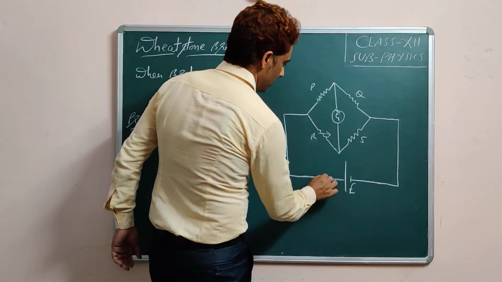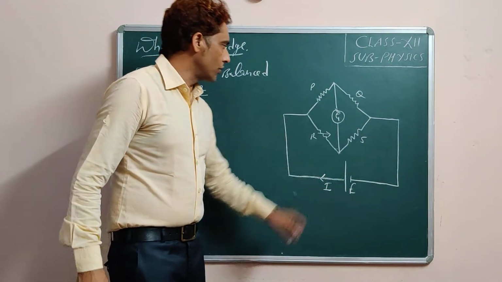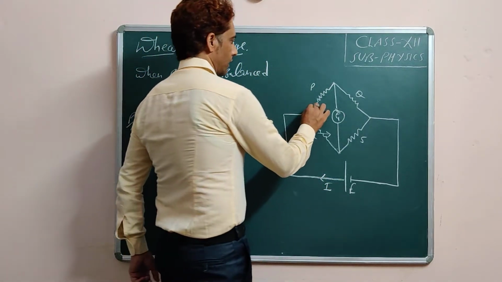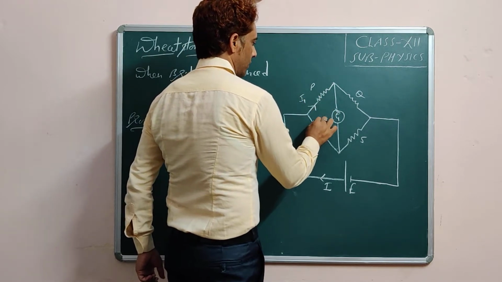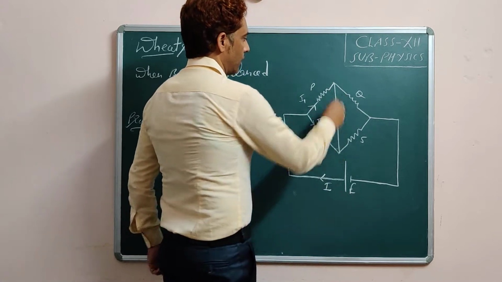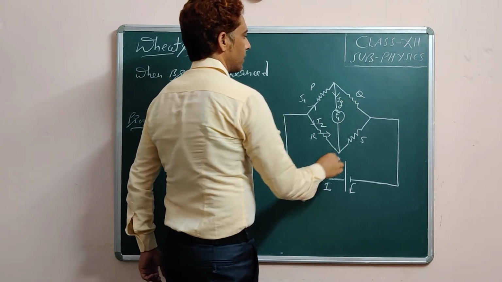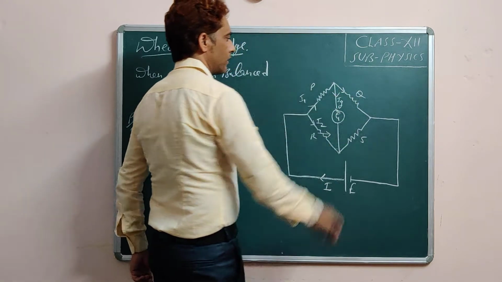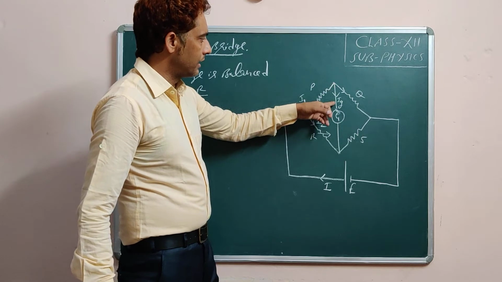So let I be the current flowing from this source of EMF. Let the current through this branch be I1, through this branch I2. Let the current through the galvanometer be Ig. Now here, I1 is incoming current and Ig is outgoing.